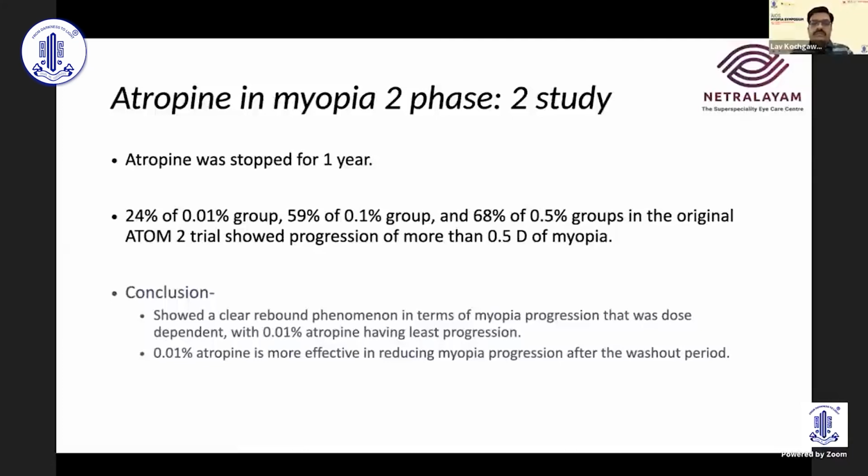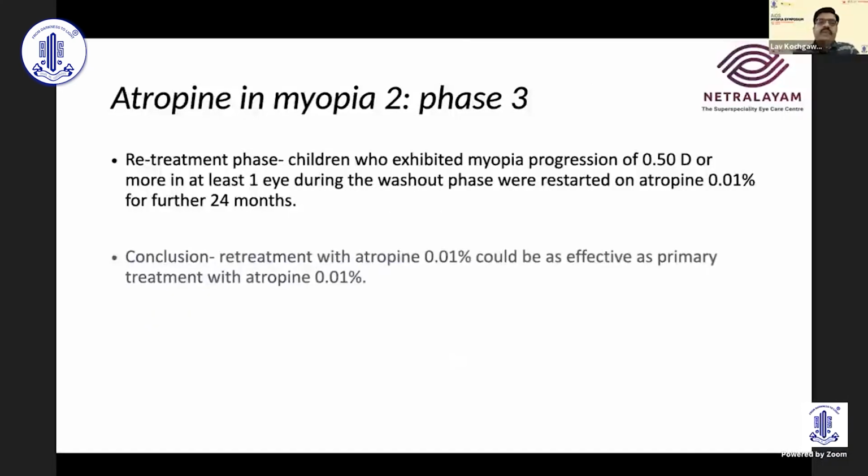In conclusion, they showed a clear rebound phenomenon in terms of myopia progression that was dose dependent, and with 0.01% atropine there was the least progression during the washout period. 0.01% atropine was more effective in reducing myopia progression after the washout period.